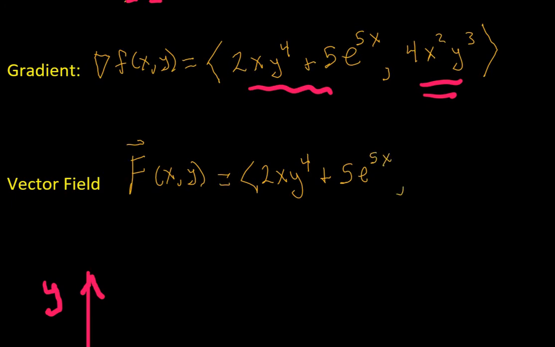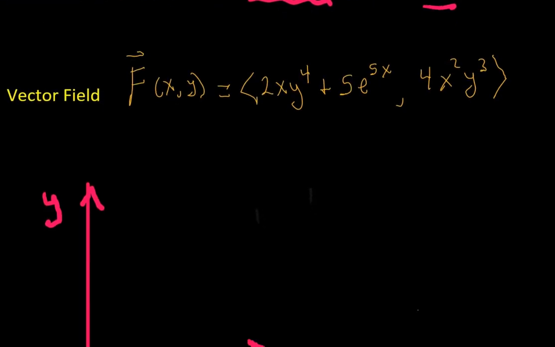That's the first component, and the second component is your 4x squared y to the third. So this vector, which is a gradient, is also something called a vector field. Dual names, depending on the need for it, we might use one named the gradient or the other named the vector field.